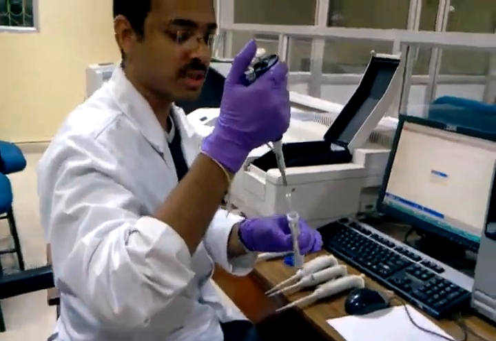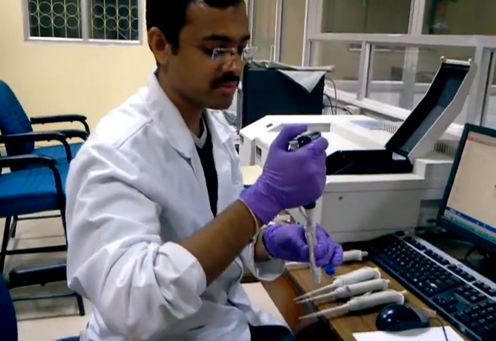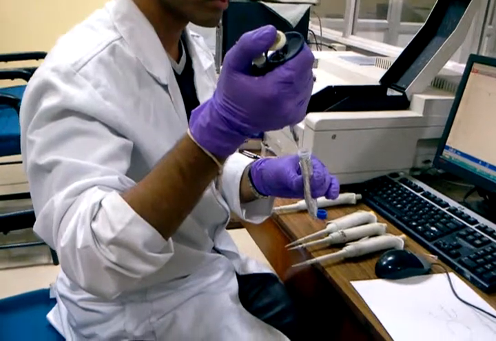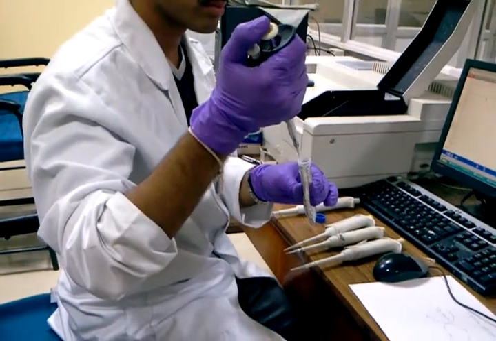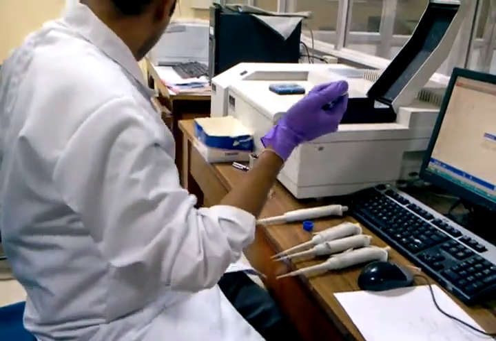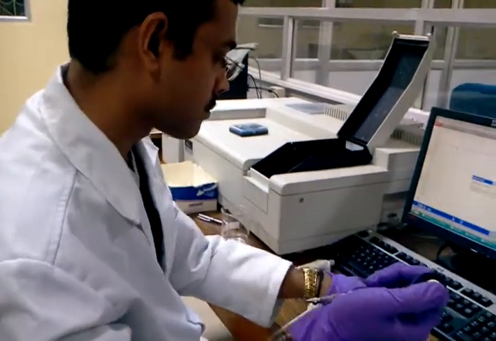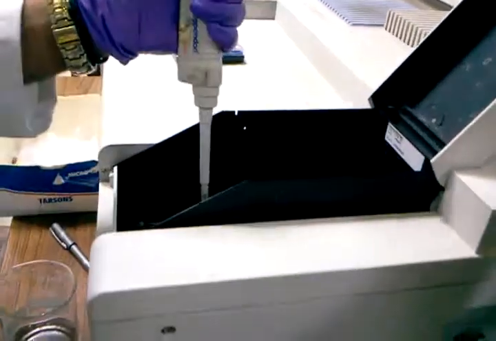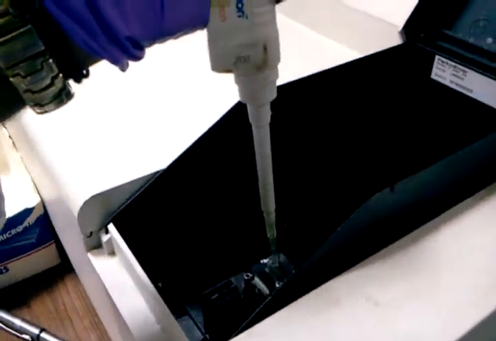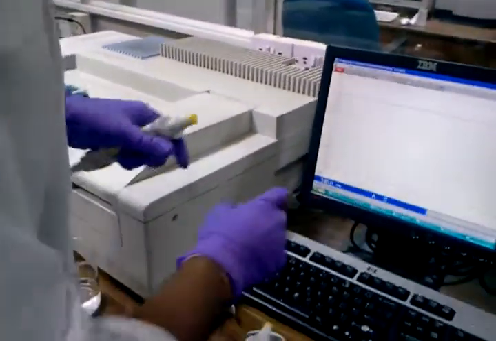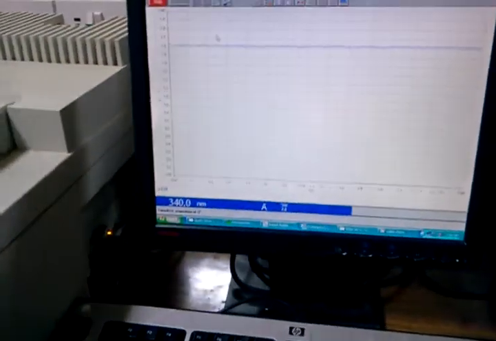So I am adding now hydrogen peroxide in the reaction medium. After addition, it should be mixed properly, and then the reaction is noted.